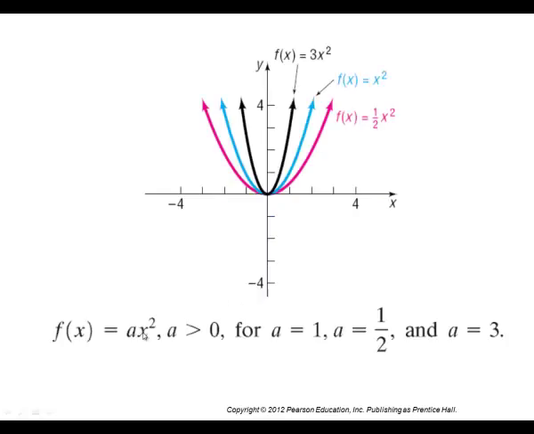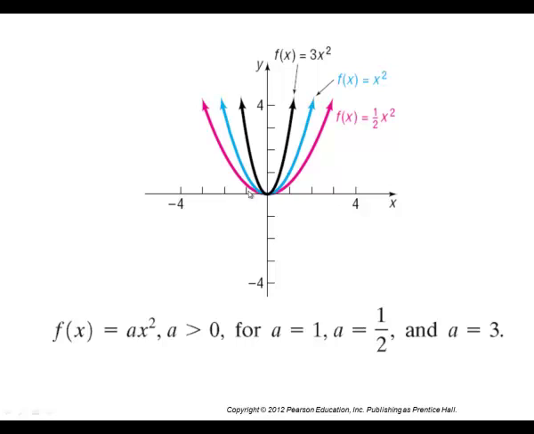And so we've said in the previous lesson through transformations that if a is, for example, 3, so 3x squared, we get that vertical stretching. In the parent graph of x squared, when x is 1, 1 squared is 1, so x is 1 and y is 1.